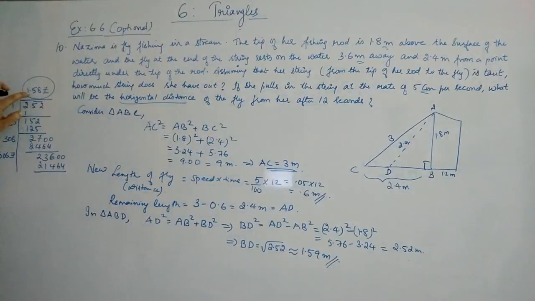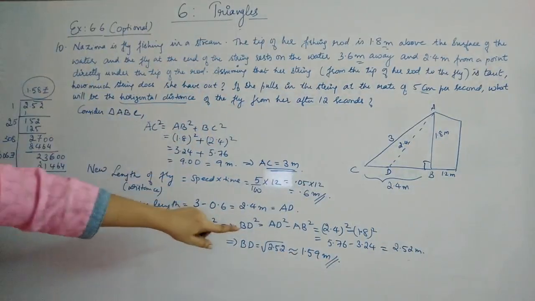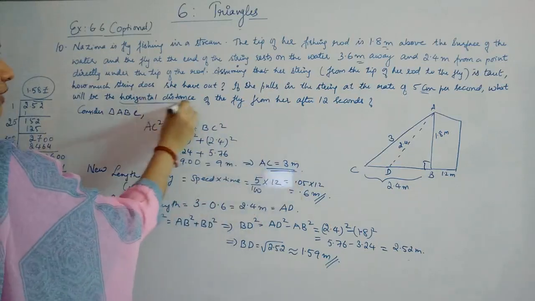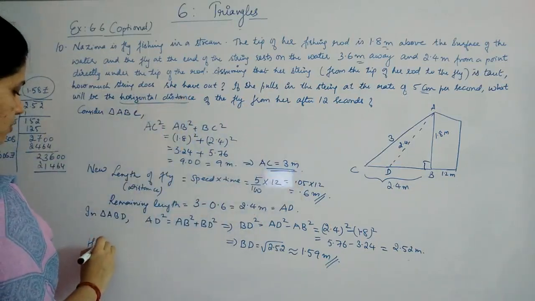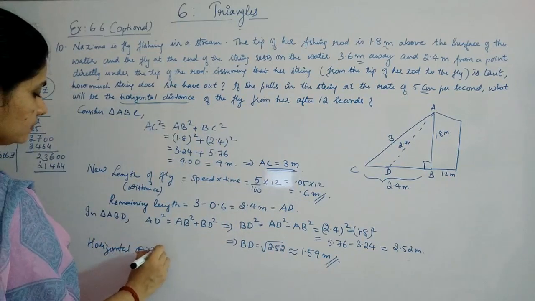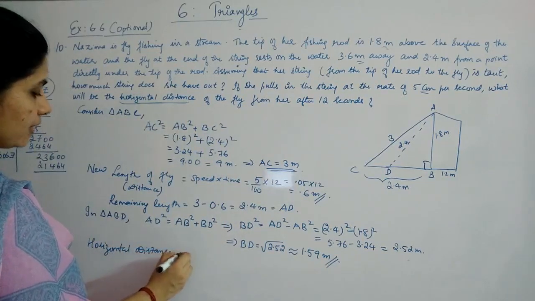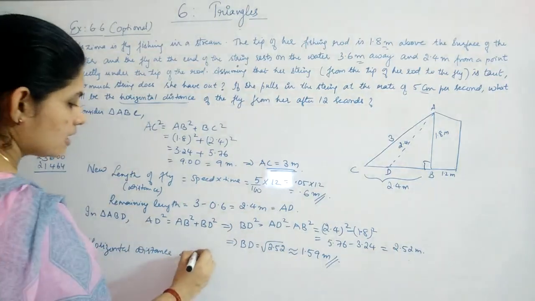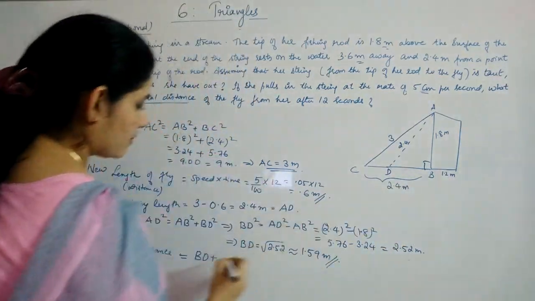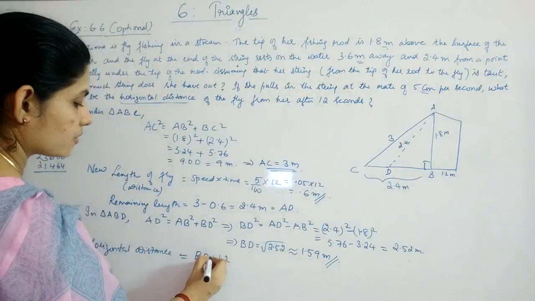So 587 I have made it as 59 approximately. And what is the last thing? You have to find the horizontal distance. Therefore, the horizontal distance of the fly is equal to BD together with this distance, 1.2, which is already given in the question.